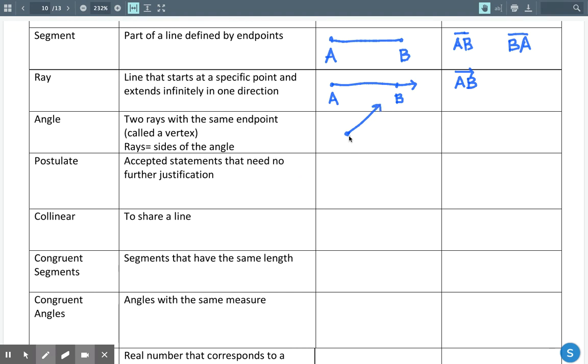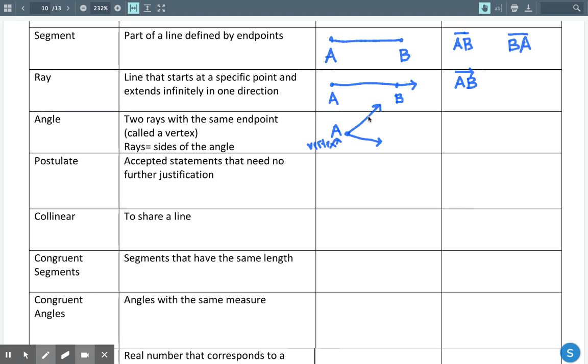So there's one endpoint. There's the other endpoint. So in this case, I'm going to call this A. And this is my vertex. So A is my vertex.